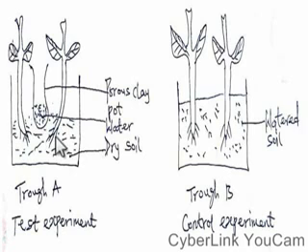Look at the roots. These are the roots. The roots now bend toward the direction of the water. This is dry soil, and this is the soil at the top already watered, and you can see that these roots are bending toward the direction of the watered soil.